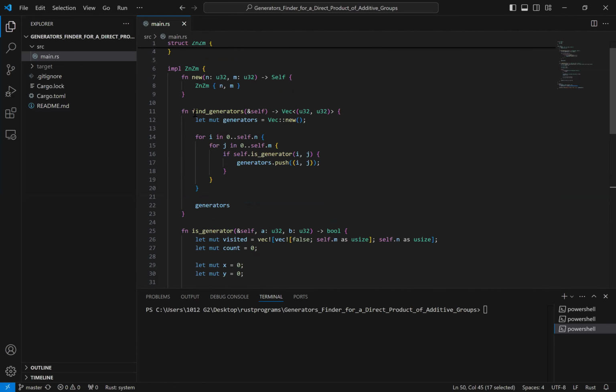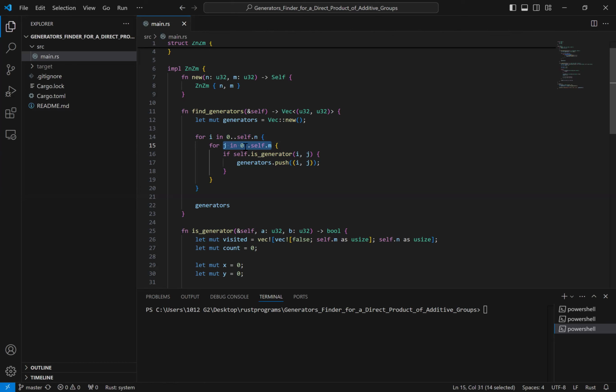So find generators function is this one. It does call on the find generators function to find generators for the group Z11 cross Z12. Once receiving that call, it starts combining I and J, I in this range, 0 to N minus 1, and J in this range, 0 to M minus 1.